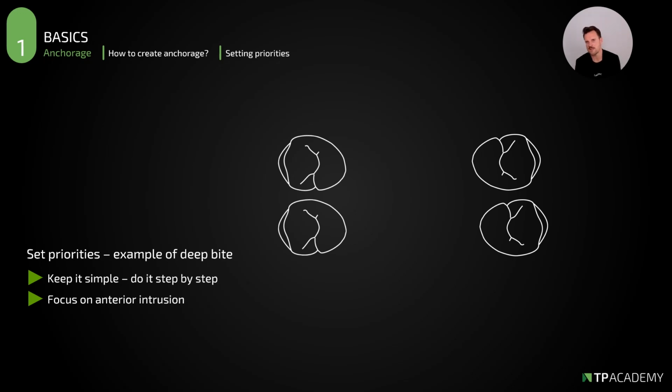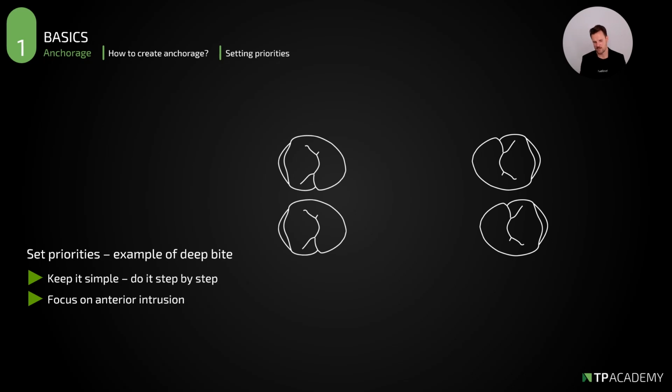We get very often the question, hey Matthias and TP Academy team, what should I do first? Should I start with premolar derotation or should I start with anterior intrusion? And I always give this question back because I ask, what is most important for you? What do you really need to achieve?